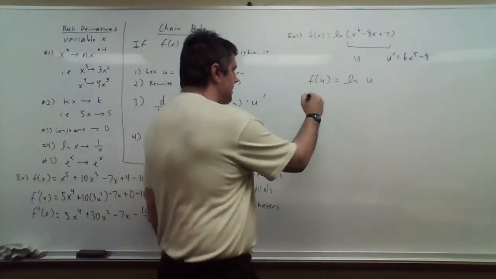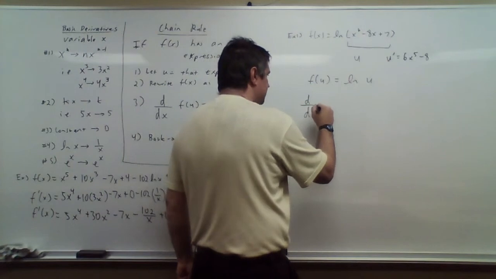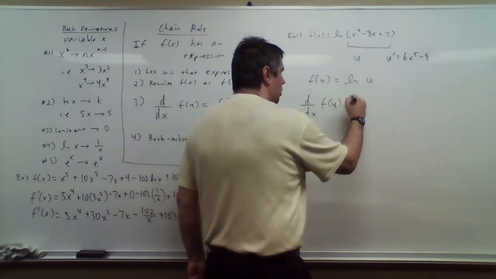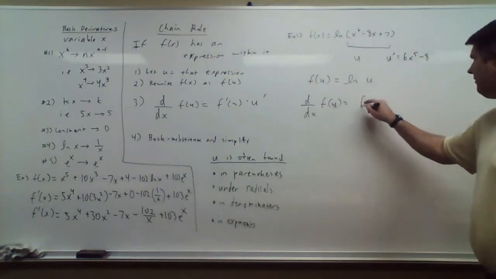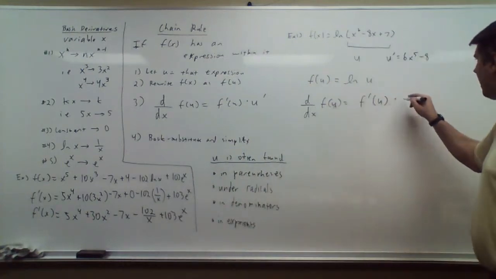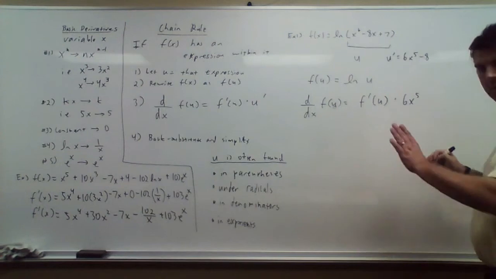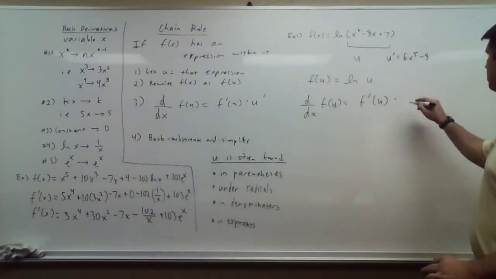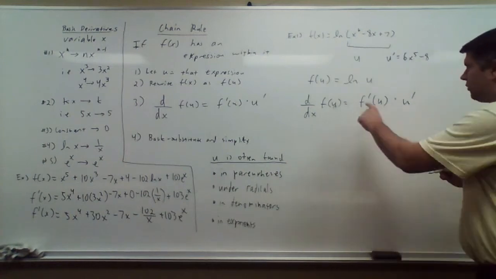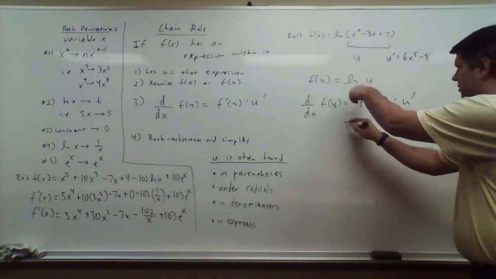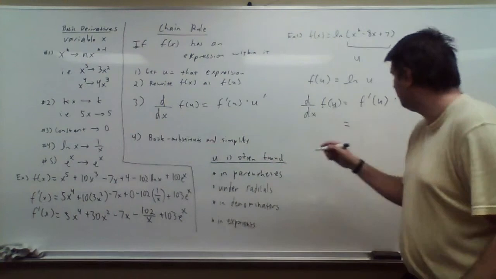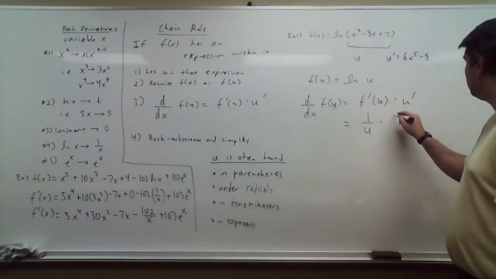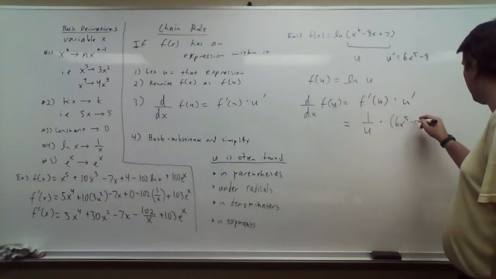So d dx of f of u would equal f prime of u times u prime. Well, the derivative of that would be 1 over u times 6x to the fifth minus 8.